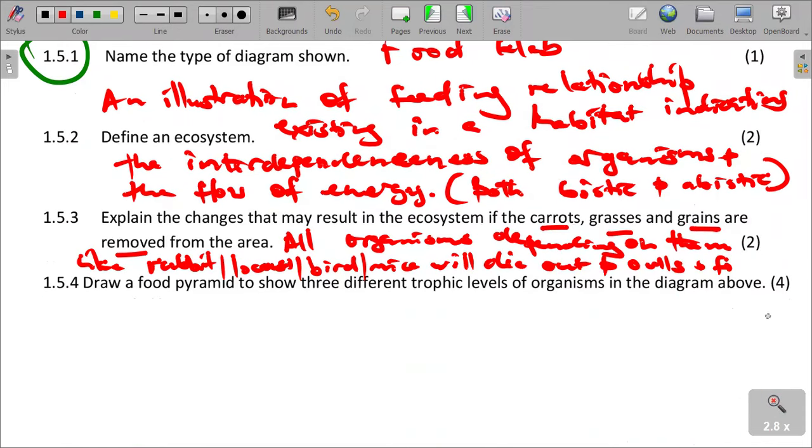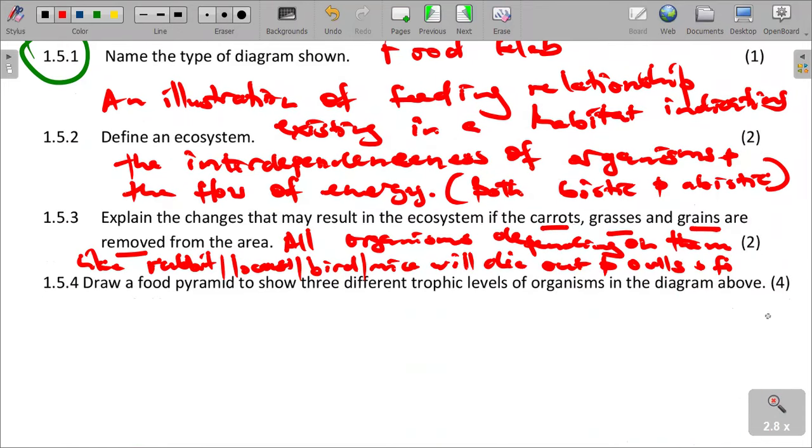So what we are saying is this is a food web, I mean a food pyramid. This is the food pyramid, which has our organisms. We can say our trophic levels are given there: 1, 2, 3. We have the grass, grains, carrot.